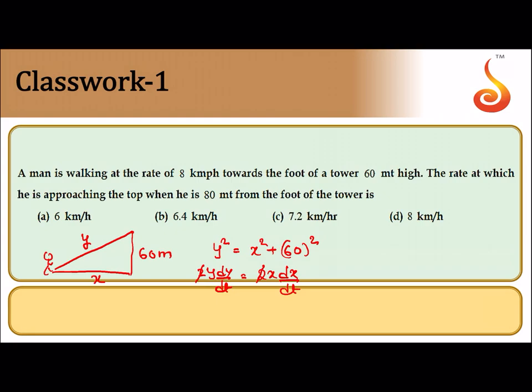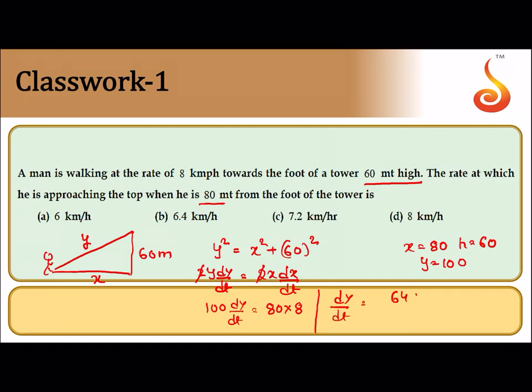So 2y dy by dt is equal to 2x dx by dt. 2 and 2 will cancel. So the height 60 is given to you. When x is equal to 80, then height is given as 60, so y becomes 100.